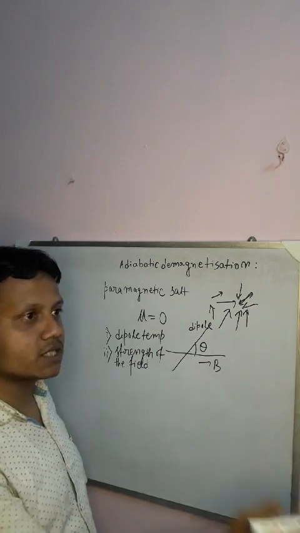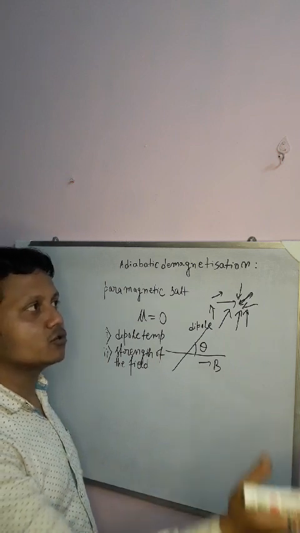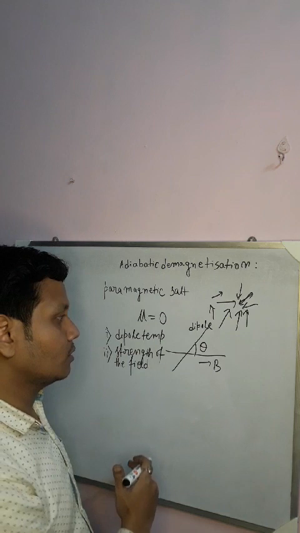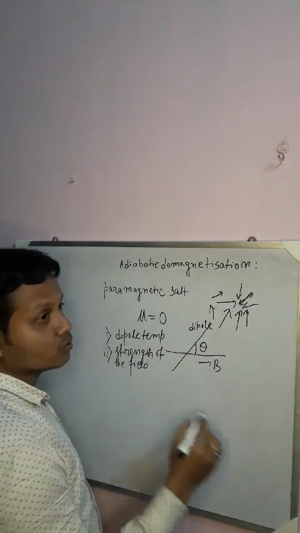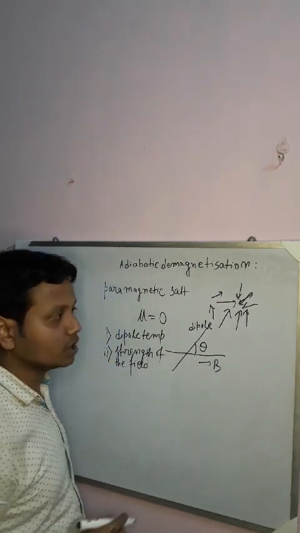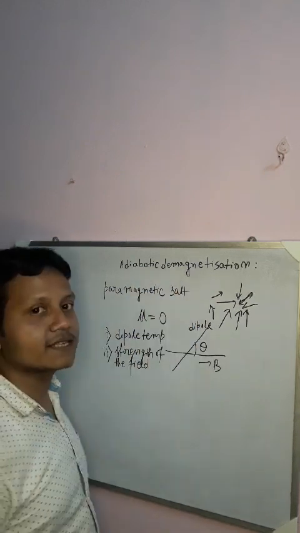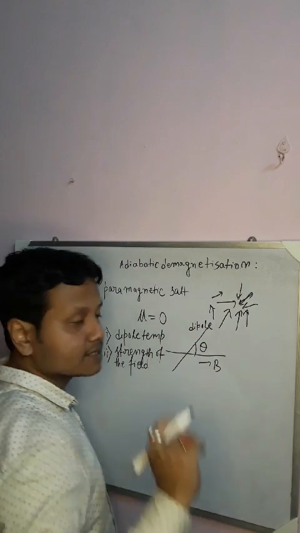Now if we suddenly remove the field, what happens? The dipoles will tend to return to their original condition. So some work has to be done by them, and since the process is adiabatic, no heat enters or leaves the system.